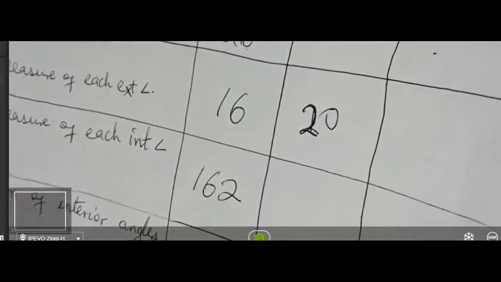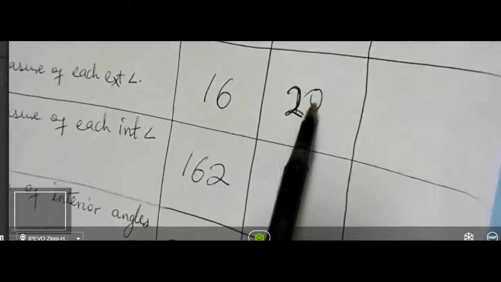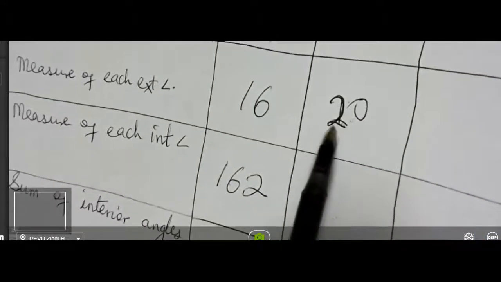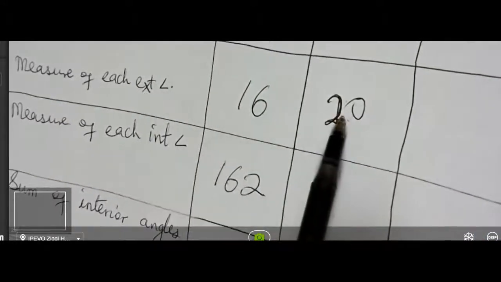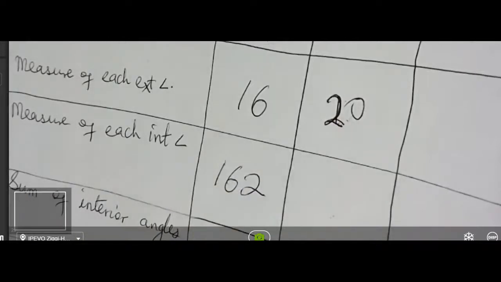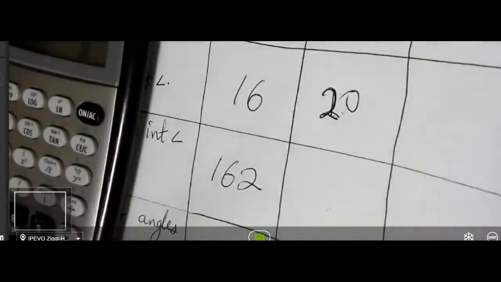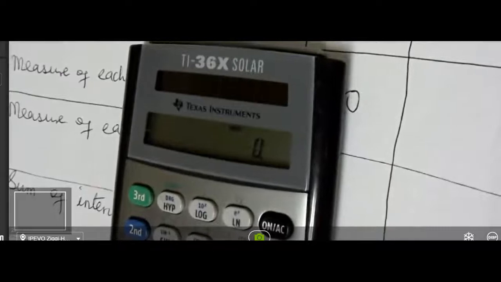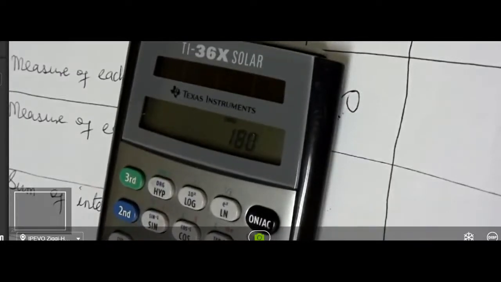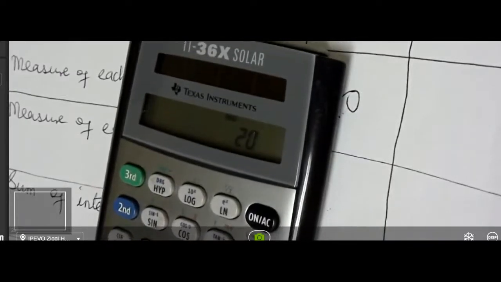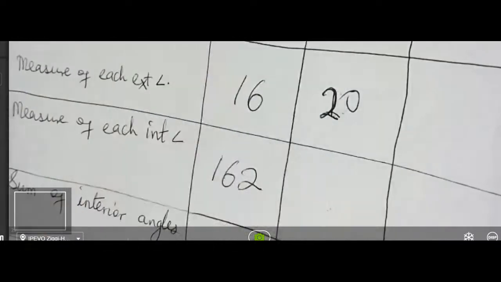So the same thing we do for here. We are given the exterior angle. If each exterior angle is 20 and the polygon is regular, what do we do? We subtract that from 180 to find the interior. So 180 minus 20 is 160.